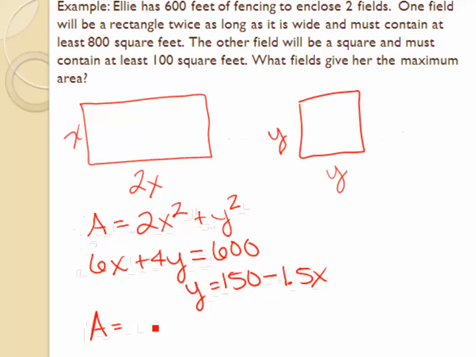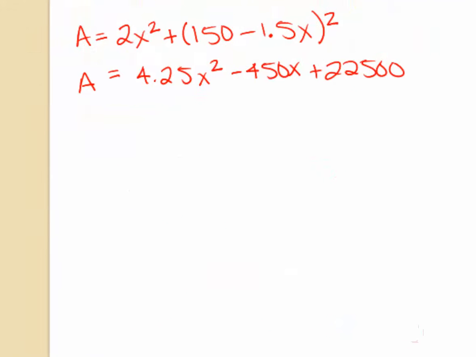So my area is going to be equal to 2x squared plus, instead of y squared, I'm going to have 150 minus 1.5x quantity squared. I'm going to simplify this down on a blank slide. Expanding and combining like terms tells us that our area is equal to 4.25x squared minus 450x plus 22,500.